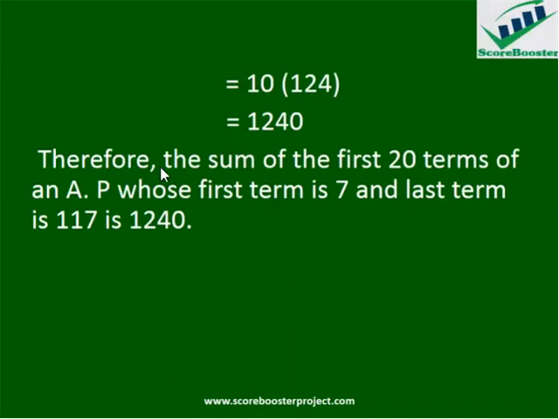Therefore, the sum of the first 20 terms of an arithmetic progression whose first term is 7 and last term is 117 is 1240. So we move to the third question.